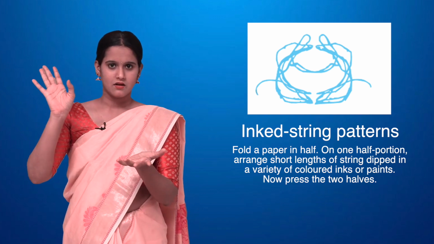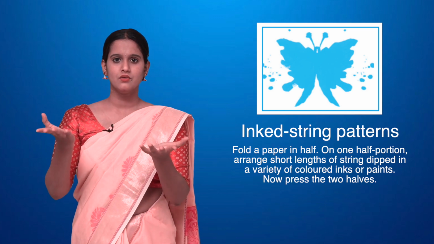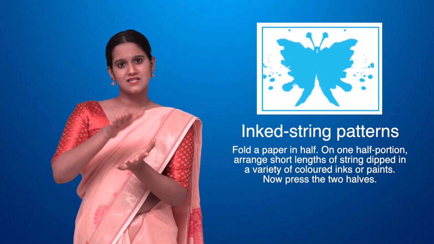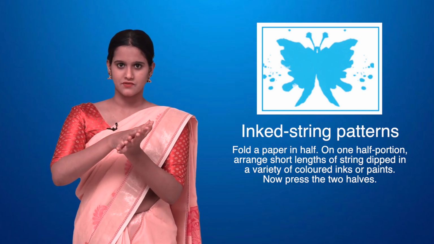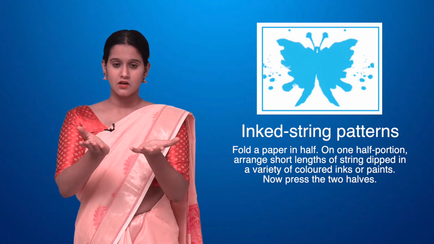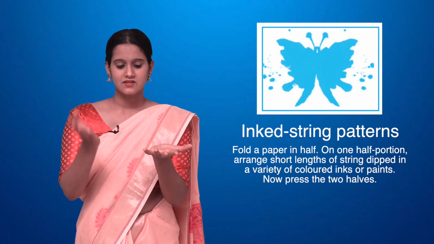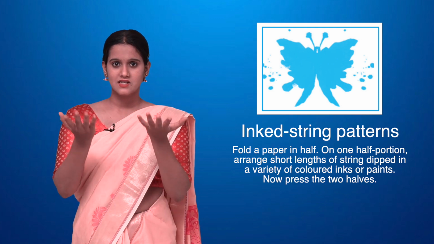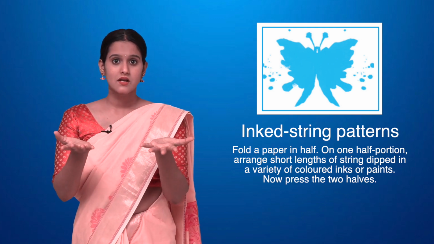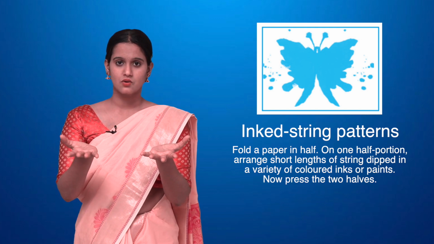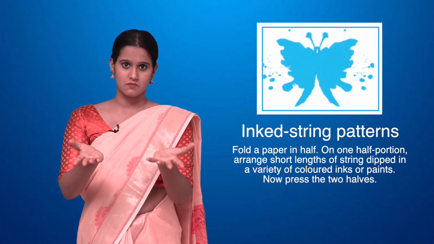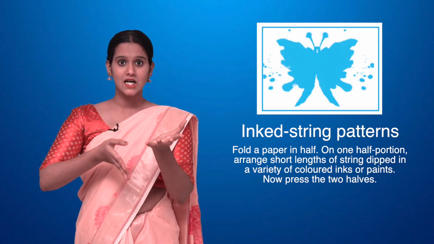I'll paste it on the one half, then fold and press the two halves. After opening, you can see the same symmetric pattern. One half and the other half are the same and they are divided by the fold line. These are a few patterns we can obtain.